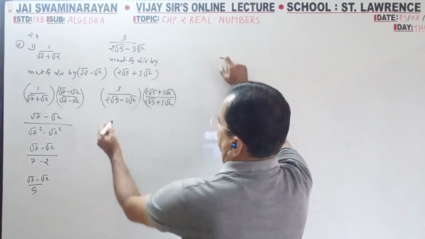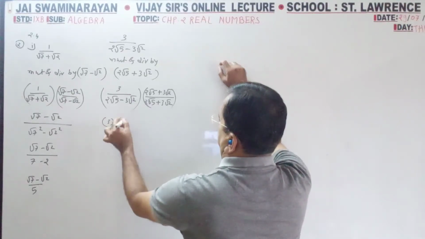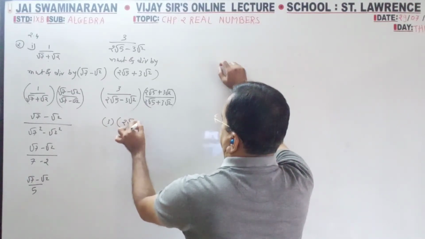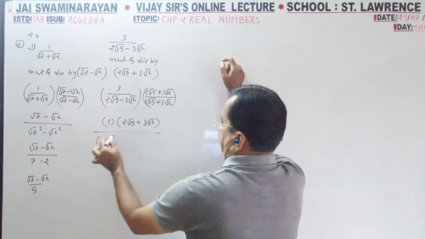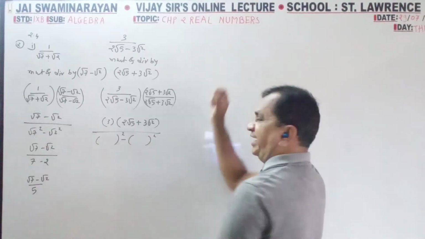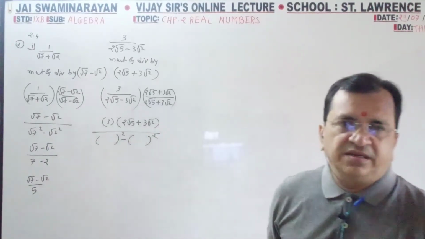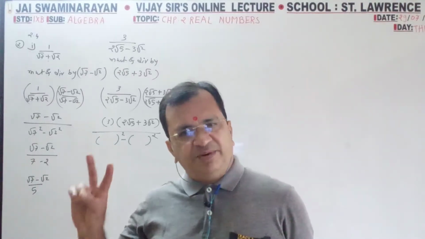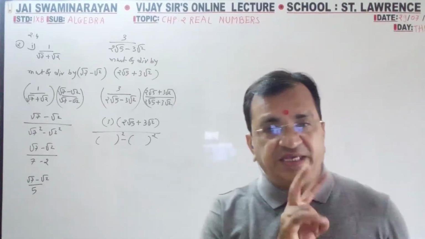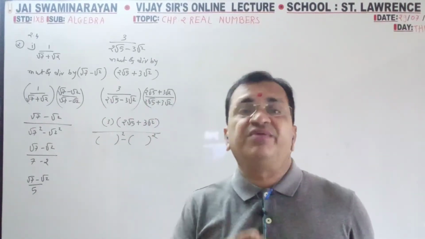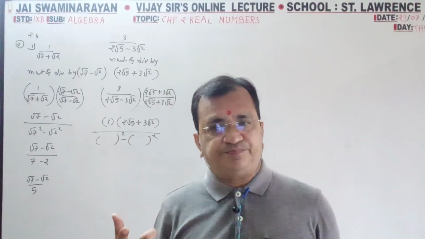So this and this will be the same. 2 root 5 plus 3 root 2. a square minus b square. That is why we are taking the opposite pair. If it is a minus b, multiply and divide by a plus b. If it is a plus b, multiply and divide by a minus b. Opposite.